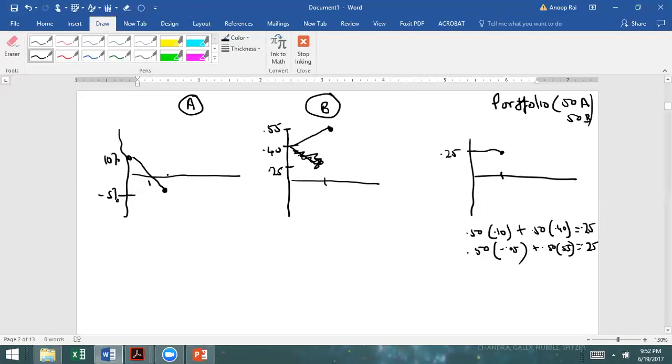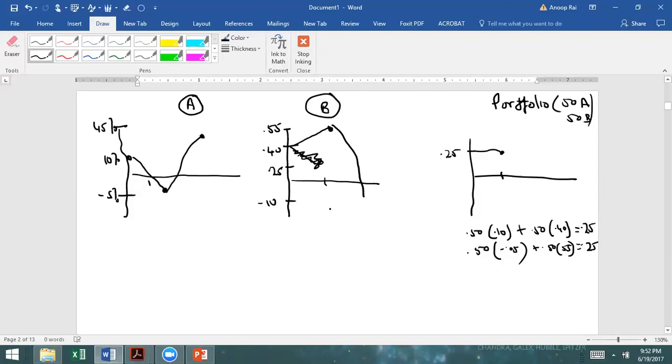Let's say in year three, we see a huge boom, and this stock just shoots up to about 45%. Guess what happens to this stock? This stock comes crashing down to -10%.